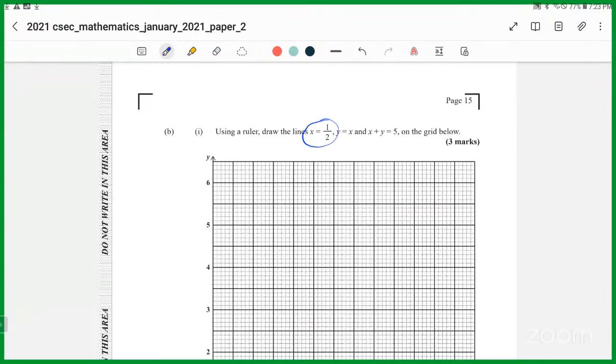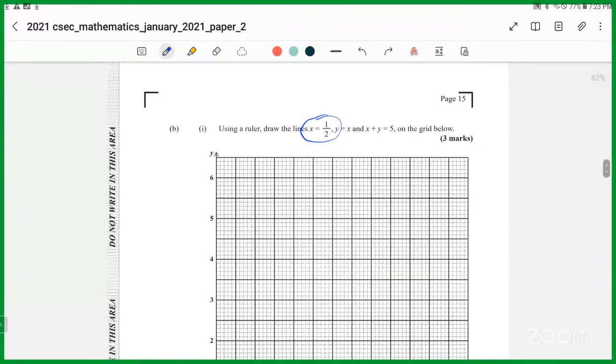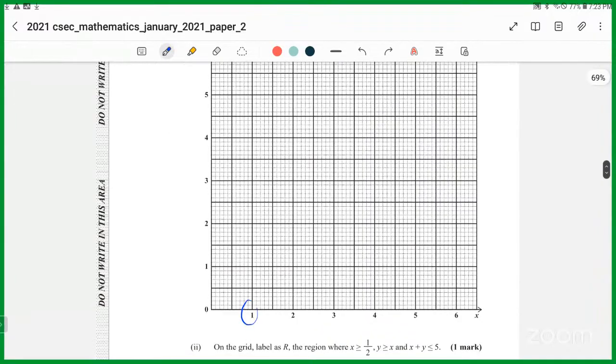X equals half is a vertical line passing through half. X equals a number is a vertical line, because the y-axis is the line x equals 0. So x equals a number will be vertical like the y-axis. Here is 1, so this must be half right here.